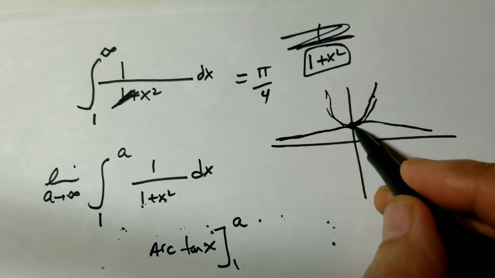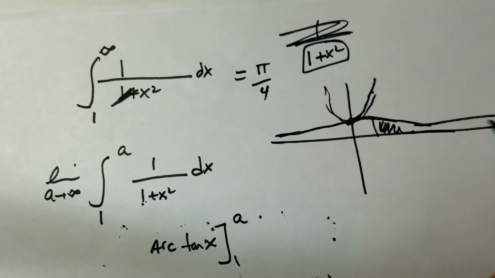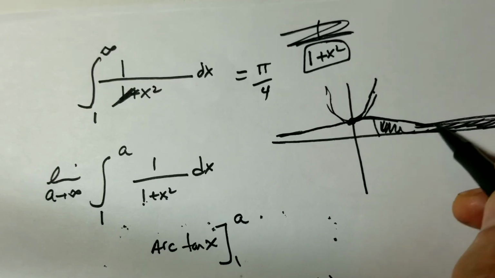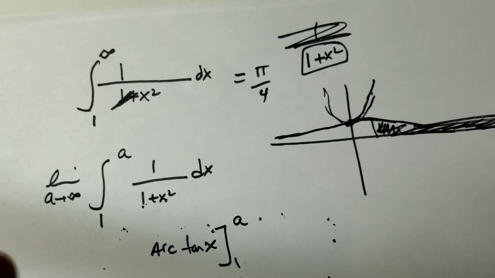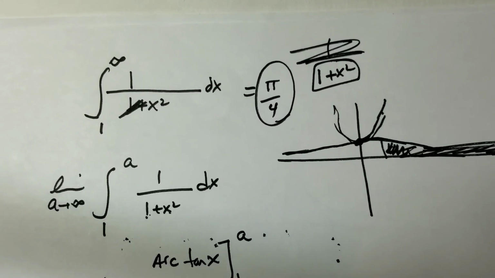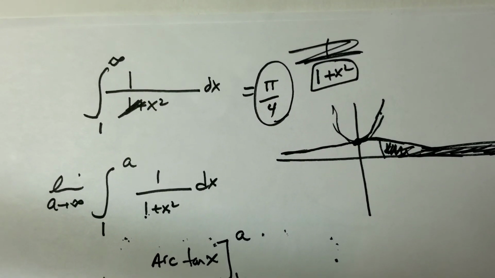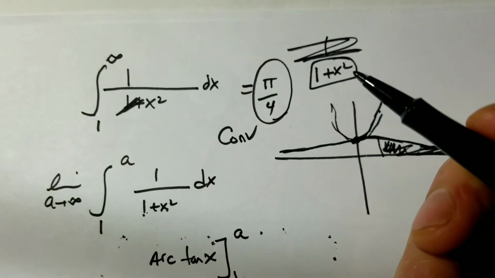That's my graph. And see, from 1 to infinity, oh, it does converge to a number. What I mean is it approaches this, but I don't know exactly what it is. Therefore, this one, I'm going to call it converge.